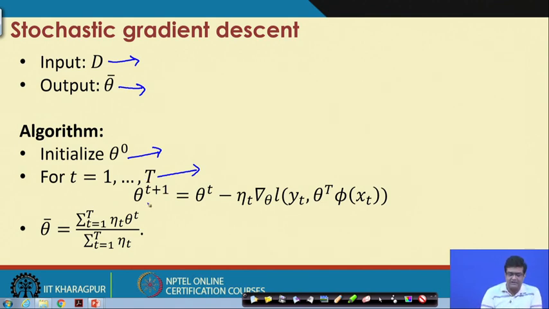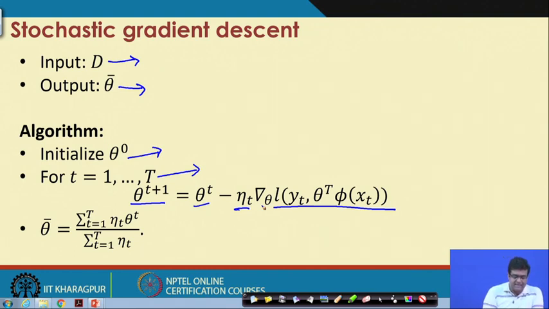And for capital T many time steps, you do this update, which we have discussed also earlier, that your theta t plus 1 becomes theta t minus this eta t and then gradient of the loss function with respect to theta at that point in time. Okay. So, whatever the parameters of theta are at that point in time, the gradient with respect to that.